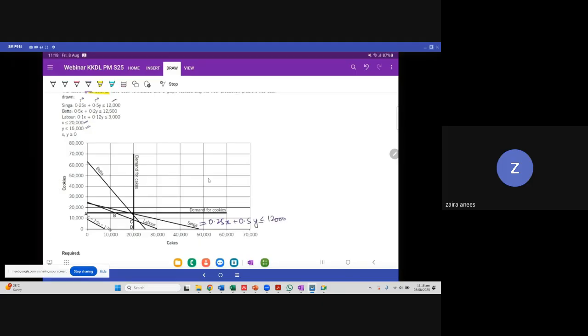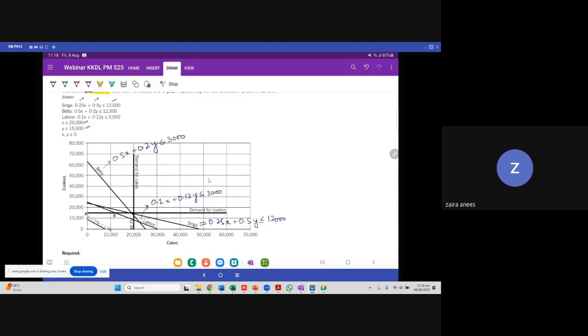It generally helps in doing the question, it's easier if you write these equations. 0.12y should be less than or equal to 3000, and beta is 0.5 of x plus 0.2 of y should be less than or equal to 3000, right?